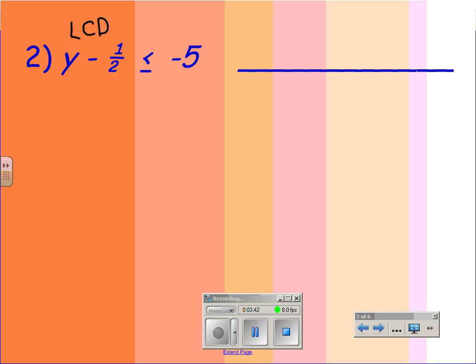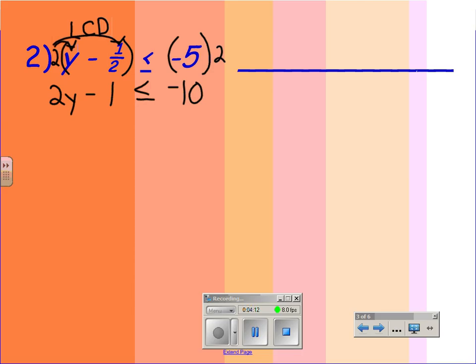That means I'm going to multiply by 2, big parentheses, on both sides of the inequality, and then we would distribute. 2 times y is 2y, and then that's going to be a negative 1. 2 times a negative half is negative 1, so 2y minus 1 is less than or equal to, we just bring that down, and then that's going to be a negative 10.